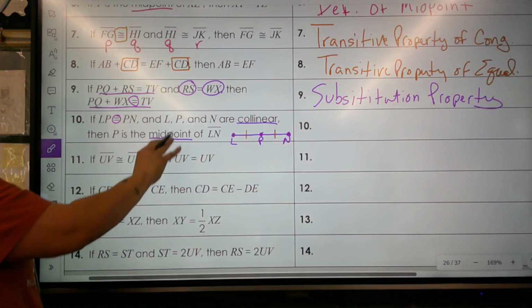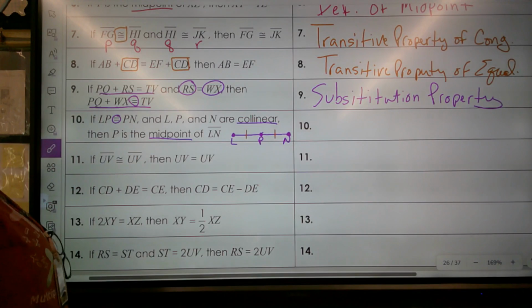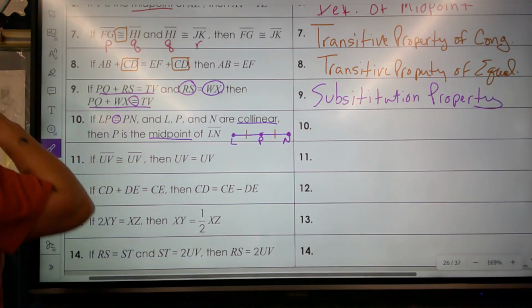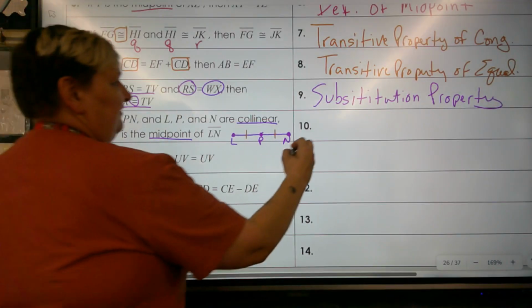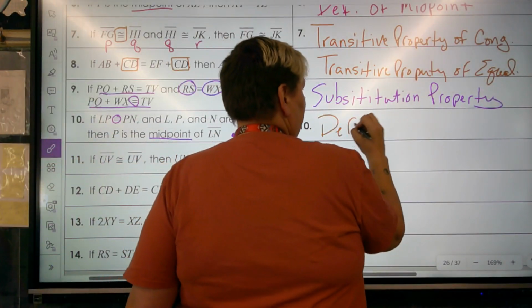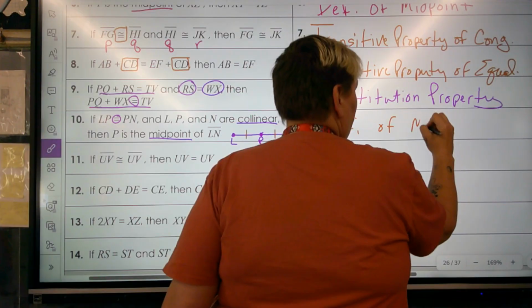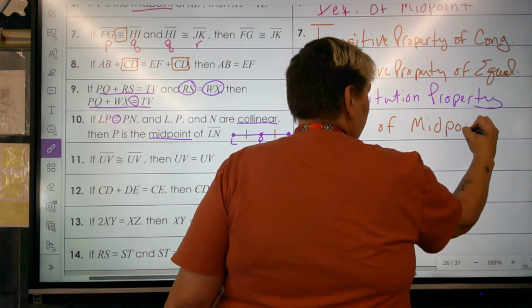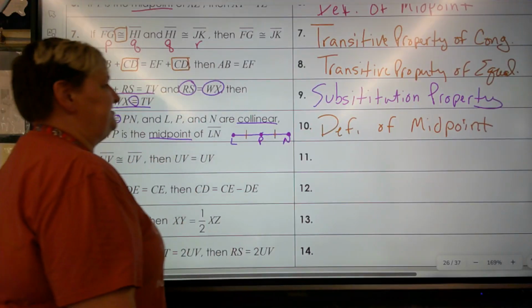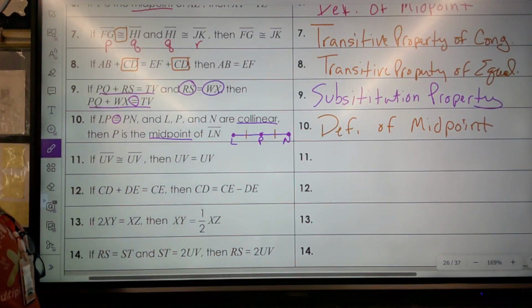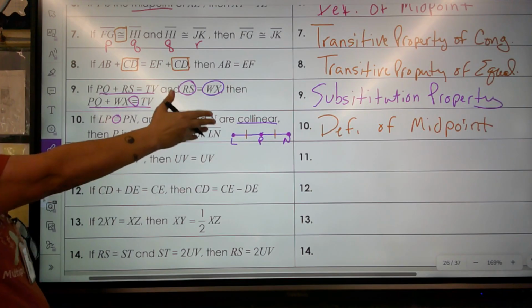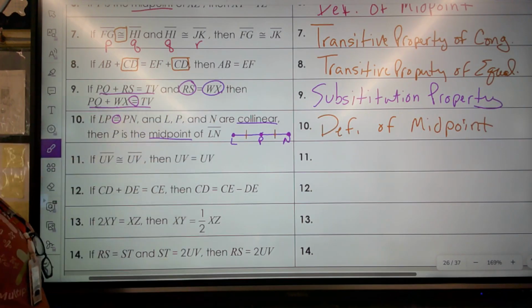It's basically the definition of midpoint. It's almost like somebody said, explain to me how midpoint works, and they said, okay, this is how you explain that. This is the definition of midpoint.